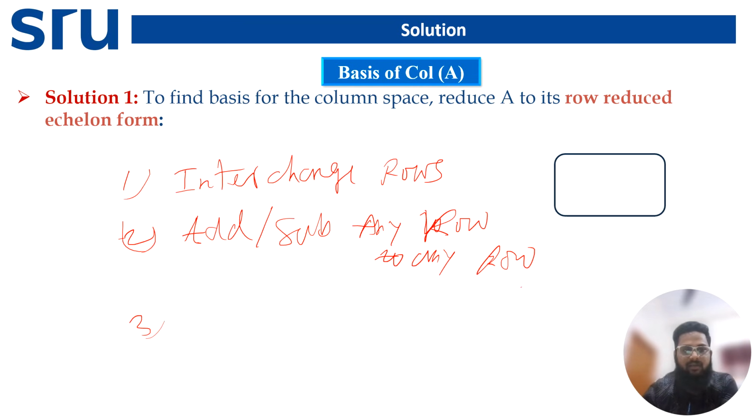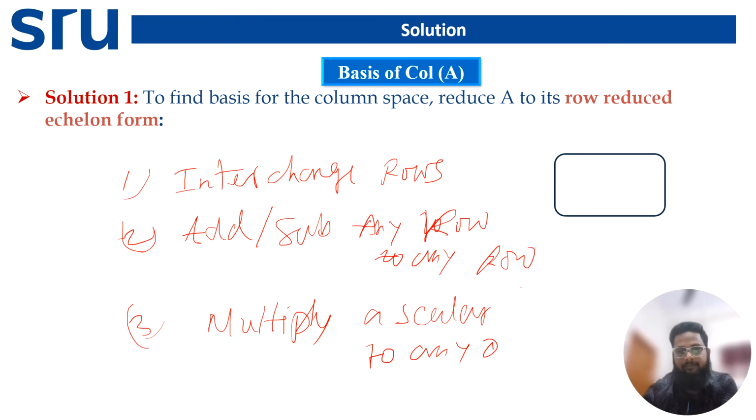And you can multiply a constant, or a scalar, to any row. So these 3 are allowed in row operations. Using these 3 operations, we are going to convert the given matrix to row reduced echelon form, right?